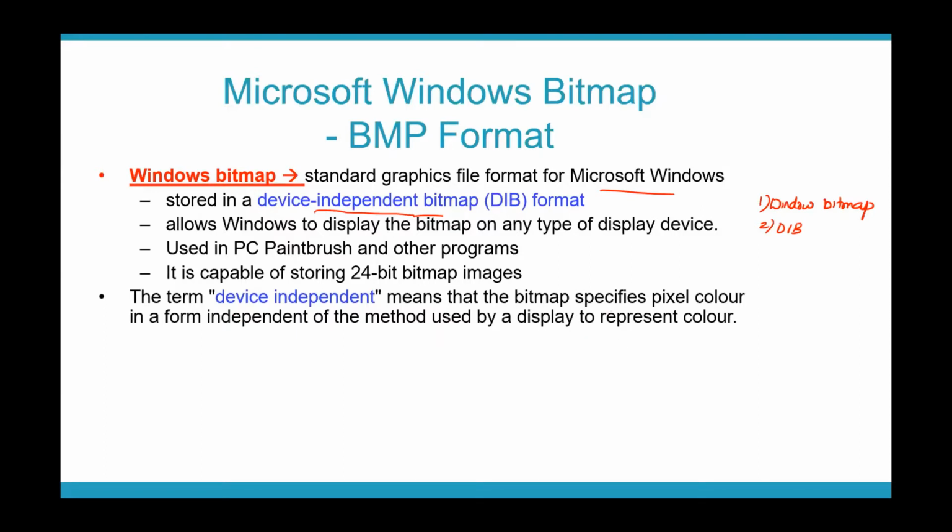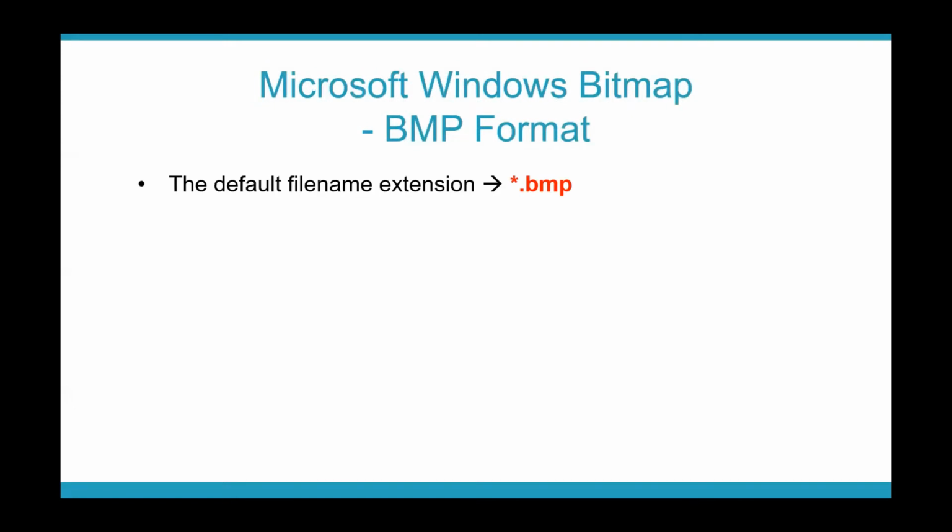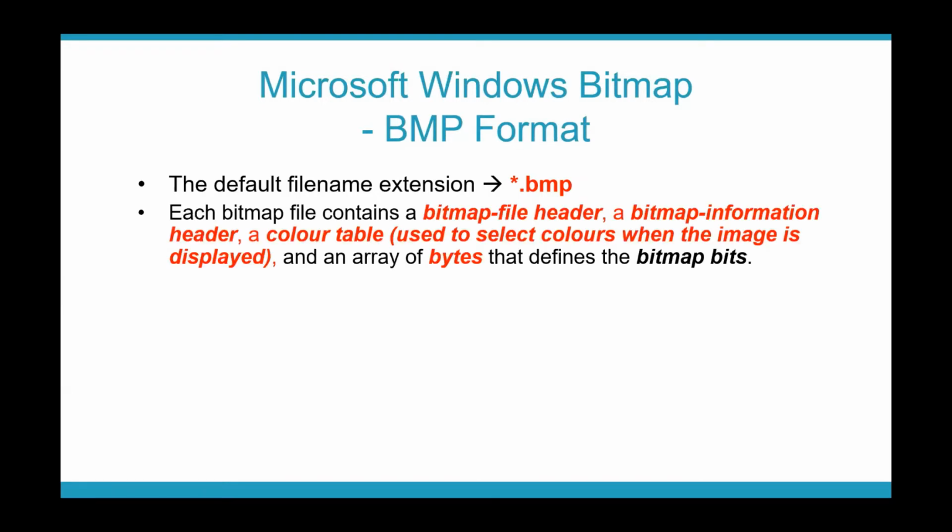That means it is independent of the platform or operating system where you are using that format. So just understand that Windows bitmap comes in two types: a Windows dependent bitmap format, and a device independent format, DIB, which is compatible with other platforms also. The extension for a Windows bitmap file is .bmp, something which you're already familiar with.